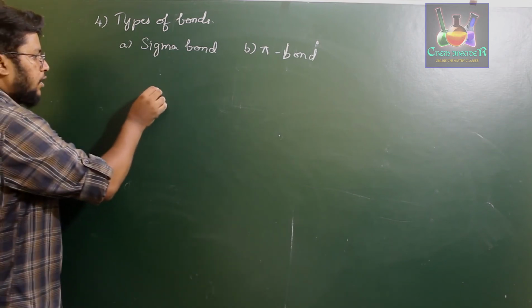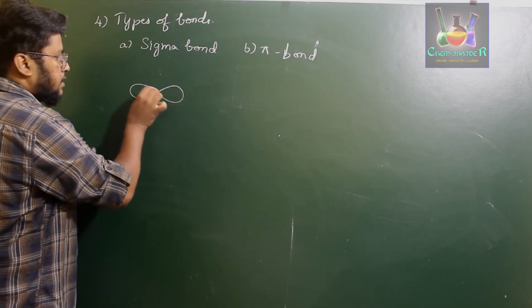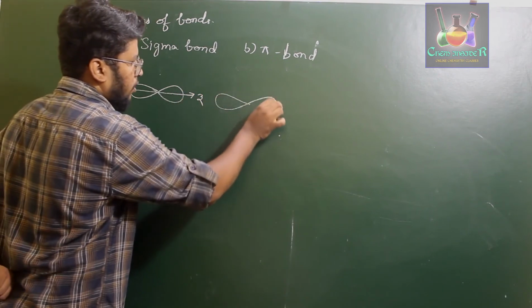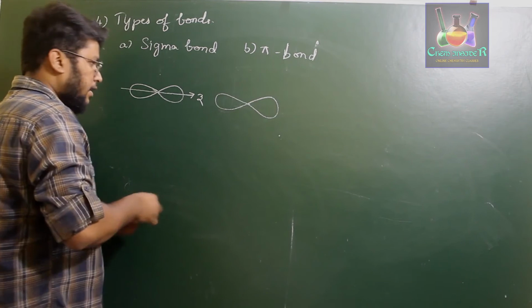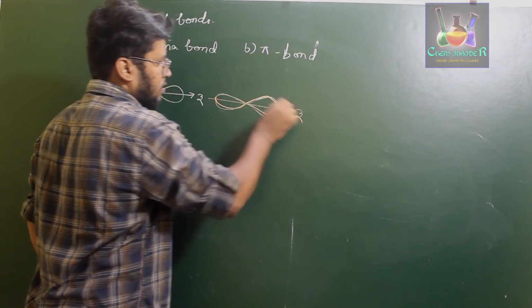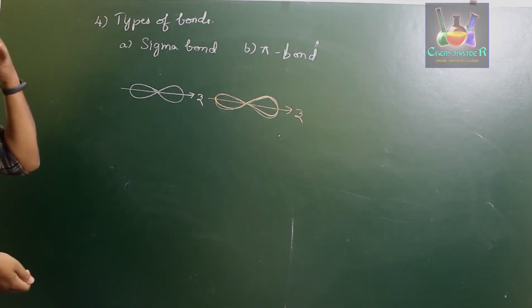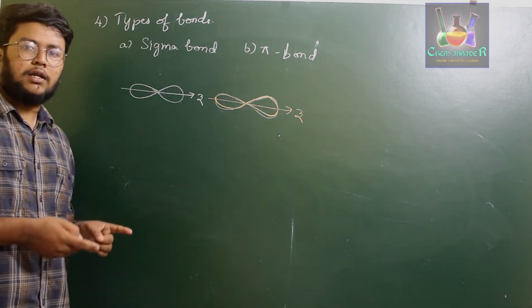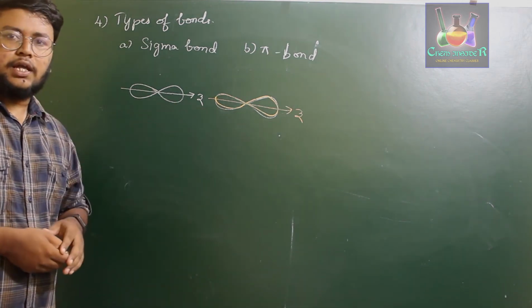That is, if you consider this as a pz orbital, and this is the pz orbital of one more atom, let me write it in a different color. Whenever you consider atomic orbitals forming a sigma bond, they have to be parallel to their axial axis.